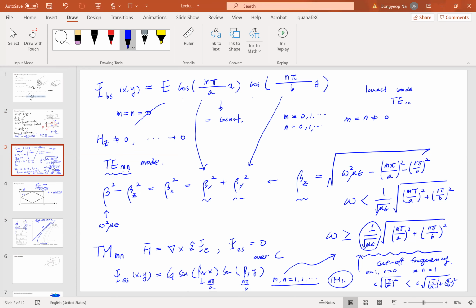So this is just the integer index of the mode. As these integer indexes increase, the cutoff frequency increases because the inside of the square root is larger than in the left one.